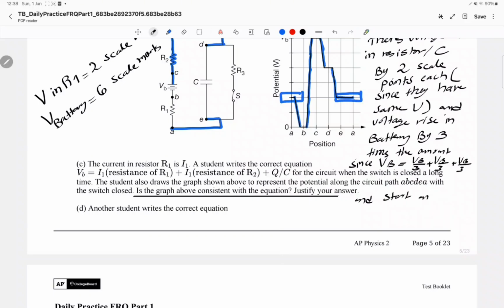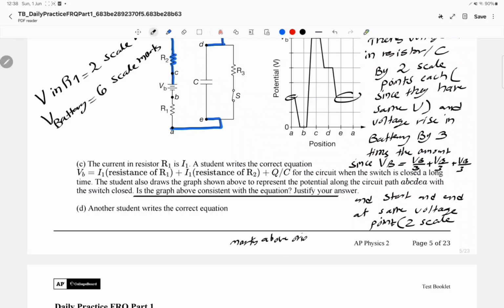start and end at the same voltage point, which, as we can see here, you start here, you end here, right? Which is 2 scale marks above the origin.